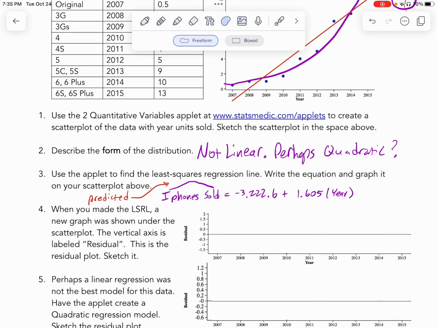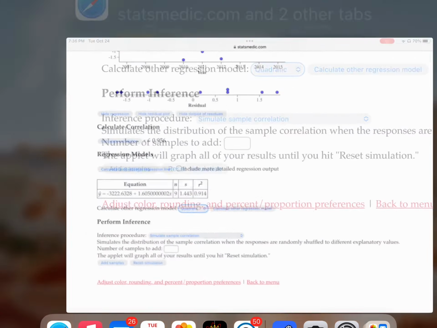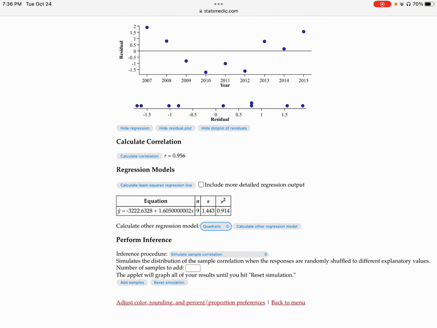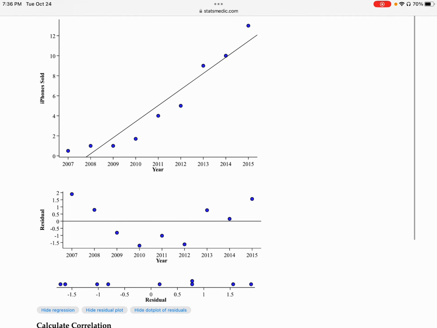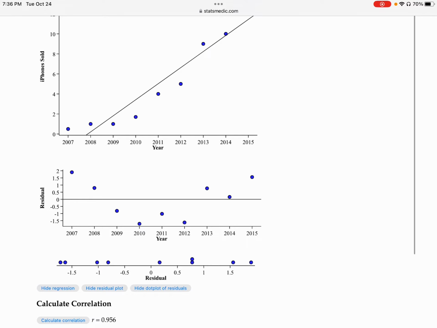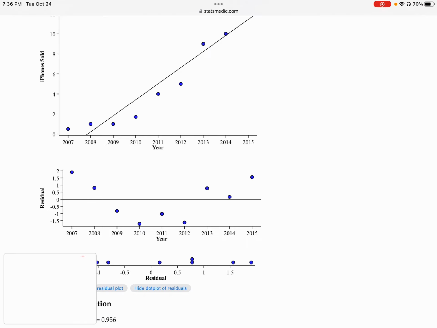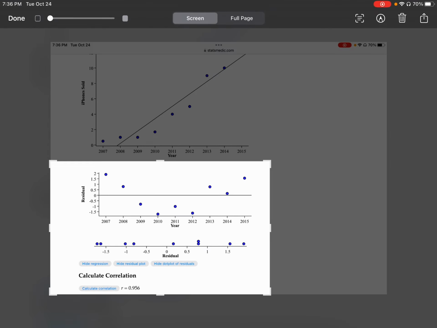When you made the least squares line of regression, right here, when I made the line, a new graph was shown underneath the scatter plot. It was the residual plot. So let's go screenshot that and put that in the notes. The top one is the scatter plot, but the second one says residual.